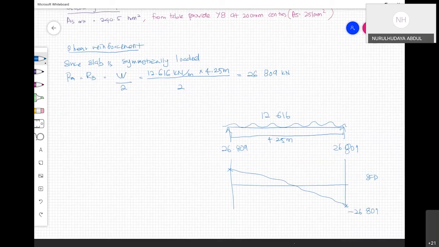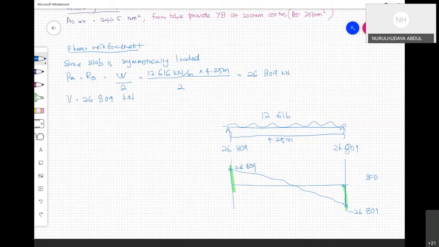Lepas tu you akan naik sebab you ada another, what we call this, support here, dia akan naik lah. So akan bertemu balik dekat kosong. Jadi kalau kita tengok pun, kita tak payah pun lukis sebenarnya sebab kita boleh agak sebab dia just ada UDL saja. Obviously maximum tu akan berada dekat dia punya support. So here is the maximum value. Okay, so that is our V. So V kita 26.809 kilonewton.